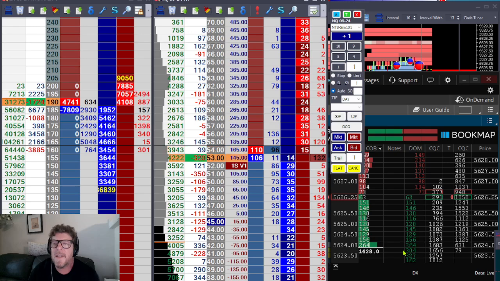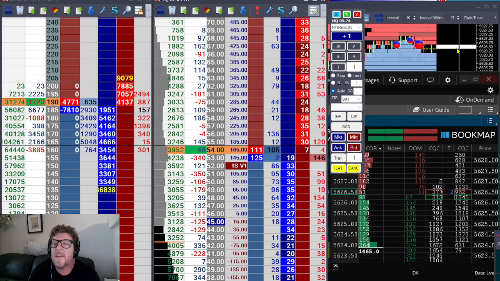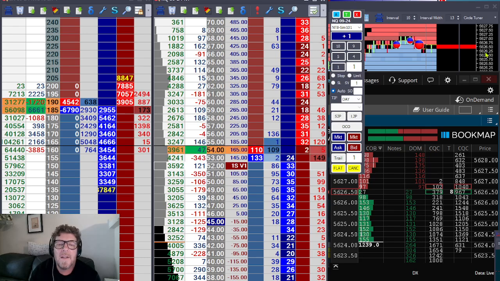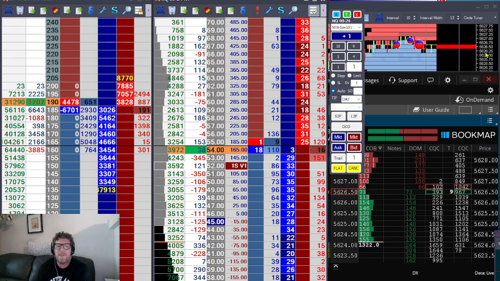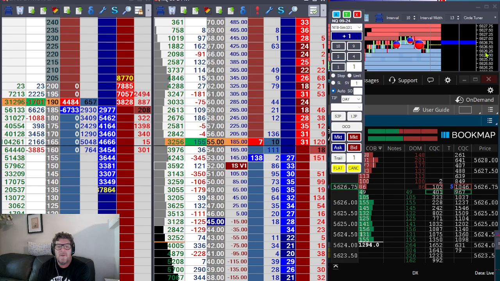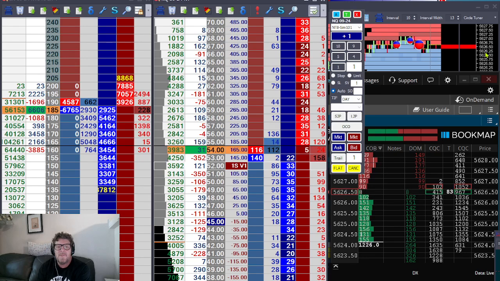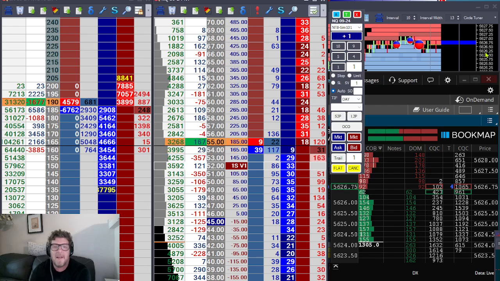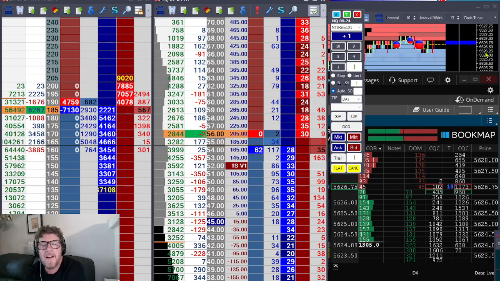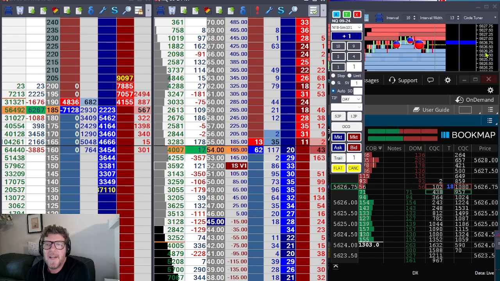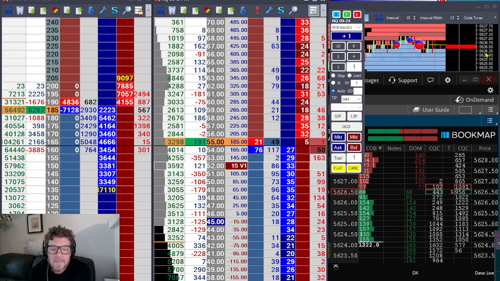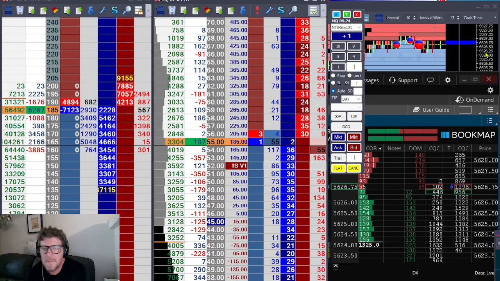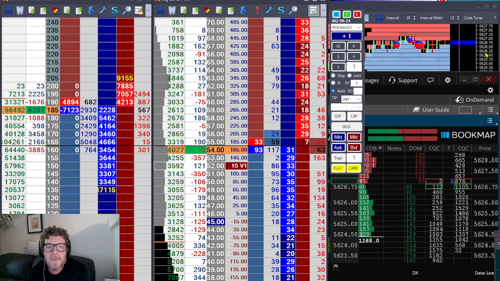It looks like we might get taken out here. That little iceberg at 56.27 wants to push. I mean, NQ is just so volatile. I'm looking at a 3-point volatility right here. Makes it tough to trade. 3 points is what, 12 ticks?